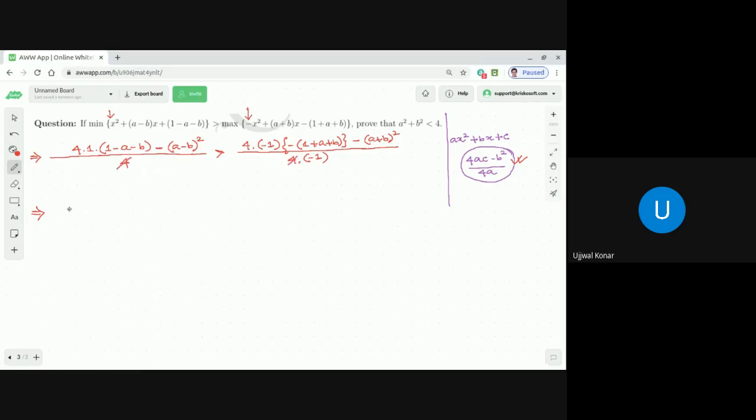So what we can write is that 4 into (1 minus a minus b) minus (a minus b) whole square is greater than, so minus will get cancelled. So what we are going to get, dear students, it will be (a plus b) whole square minus 4 into (1 plus a plus b).